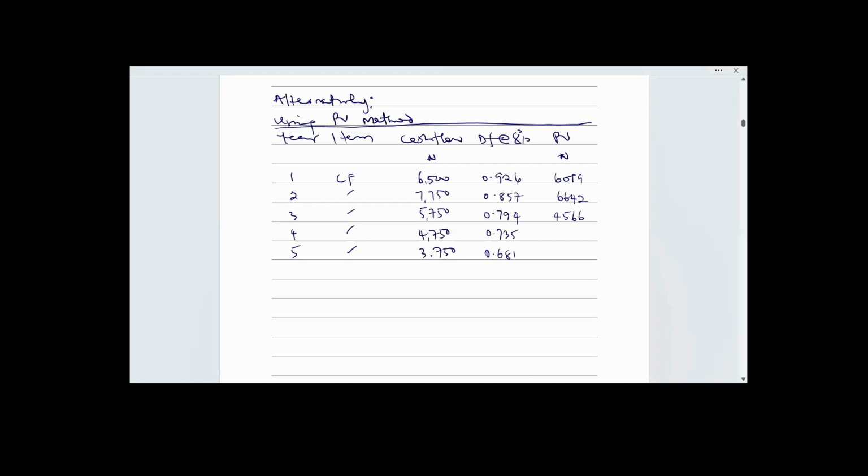Year 4, 4,750 multiplied by 0.735 equal 3,491. Year 5, 3,750 multiplied by 0.681 equal 2,554.